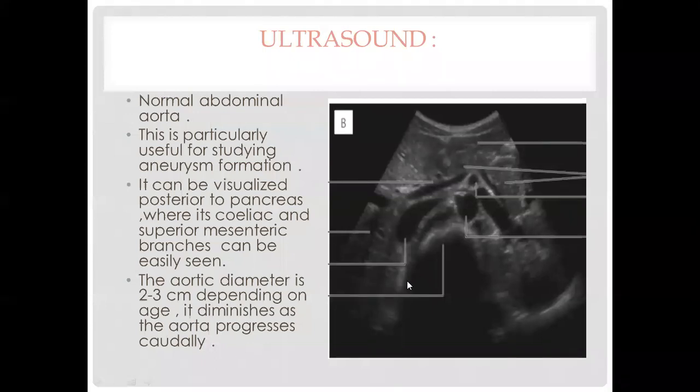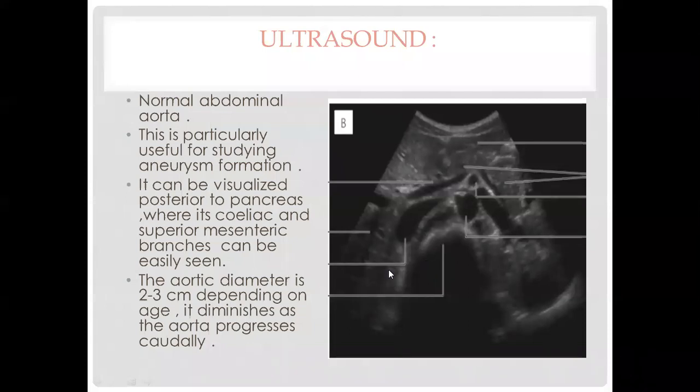It is fast and inexpensive, with no radiation and no intravenous contrast, and sensitivity and specificity reaching about 100%. But sometimes bowel gas and body habitus will preclude proper examination of the abdominal aorta. It can be solved by putting the patient on the right side to overcome the bowel gas.